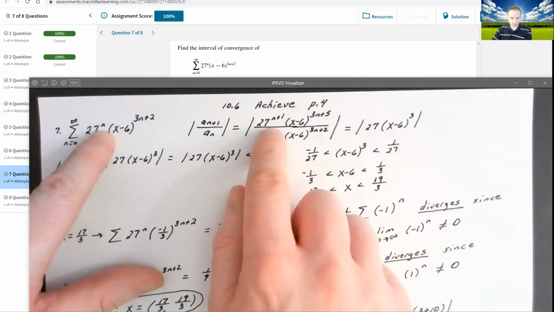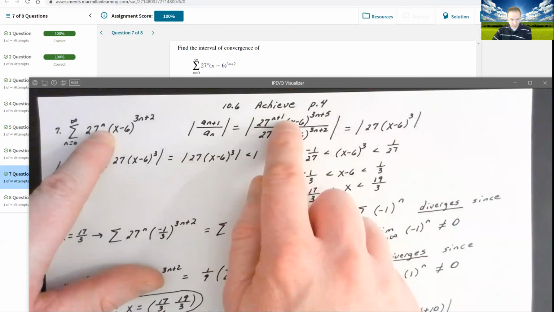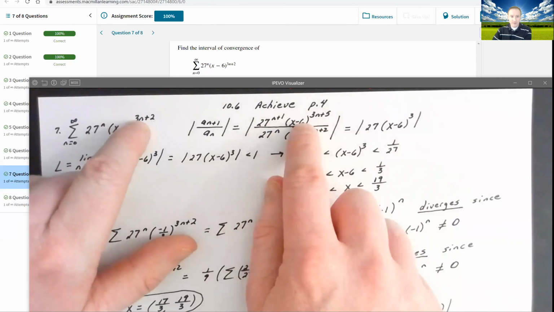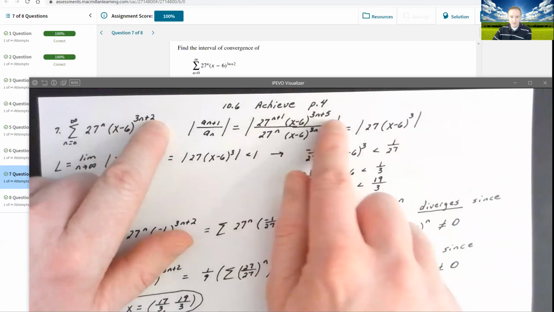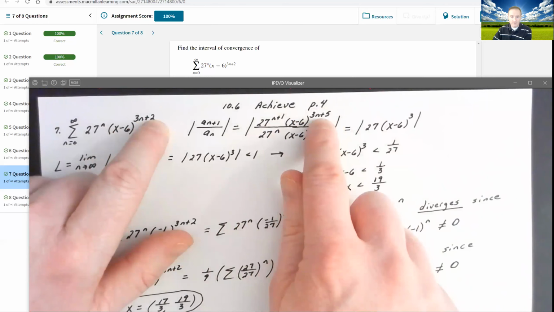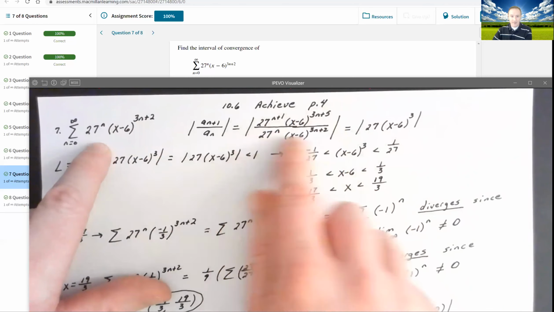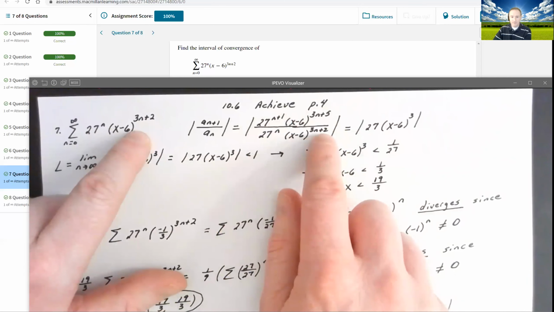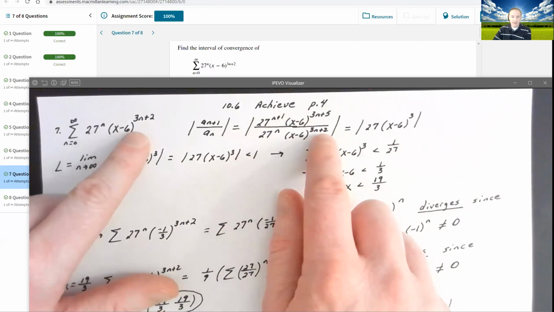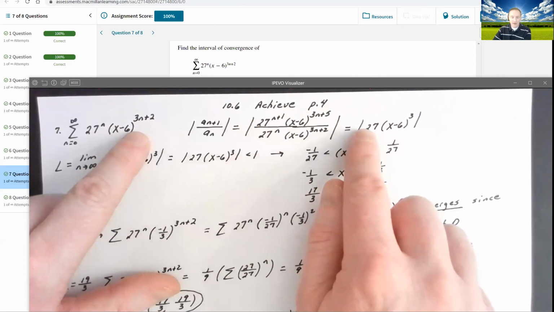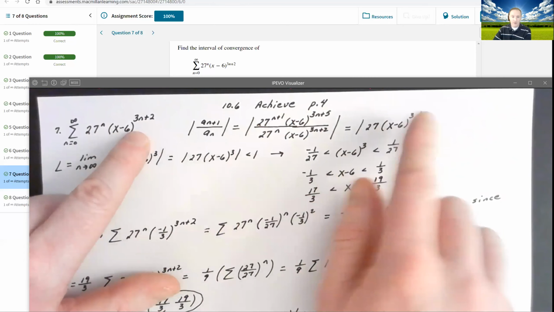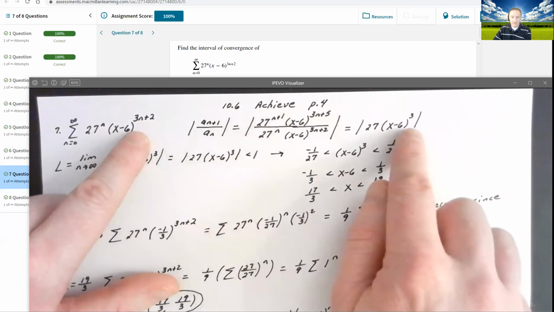A sub n plus 1 becomes 27 to the n plus 1 times x minus 6, and this would be 3n plus 3 plus 2, called it the 3n plus 5 power. Now you're dividing that by a sub n, 27 to the n, x minus 6, 3n plus 2 power. So now I can say, well, clearly I'm going to have an additional factor of 27 in the numerator and 3 powers on the group x minus 6.